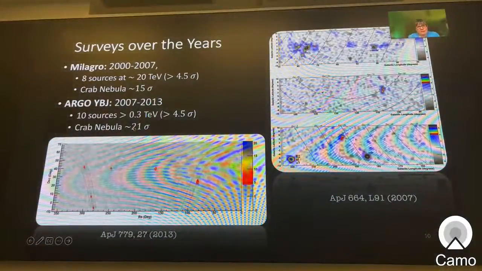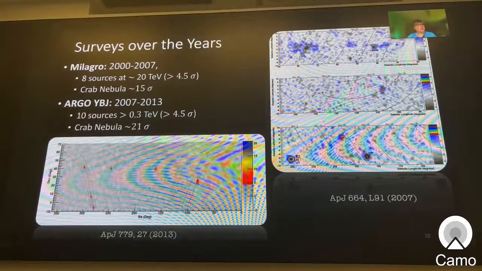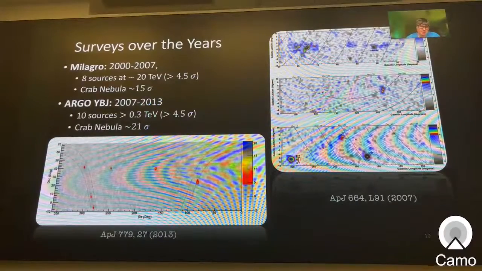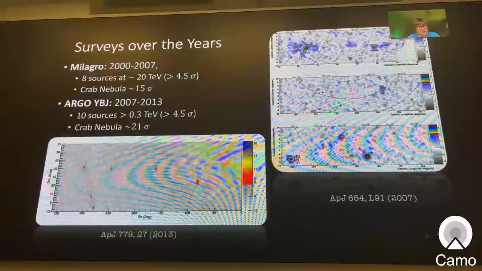So, now a few more words on surveys. So surveys over the years, this summary should show you how much progress has been made in gamma ray astronomy with PDA. So Milagro published in 2007 a survey of the galactic plane, combining 7 years of Hawk data, 8 sources and about 20 TeVPA were reported.